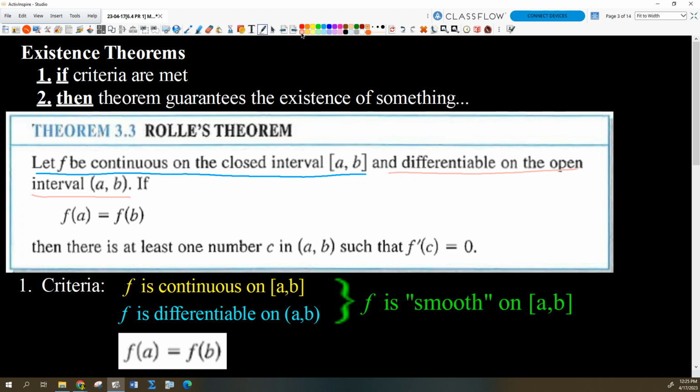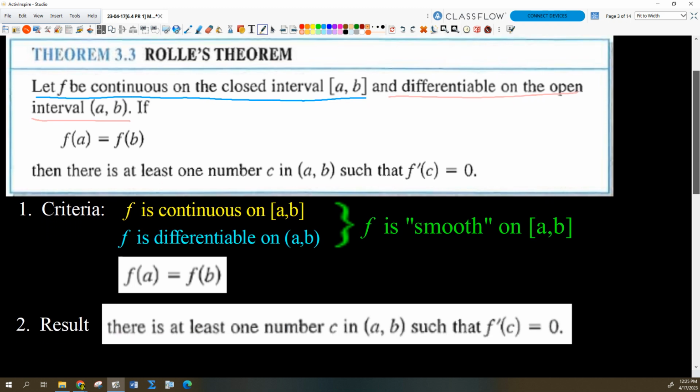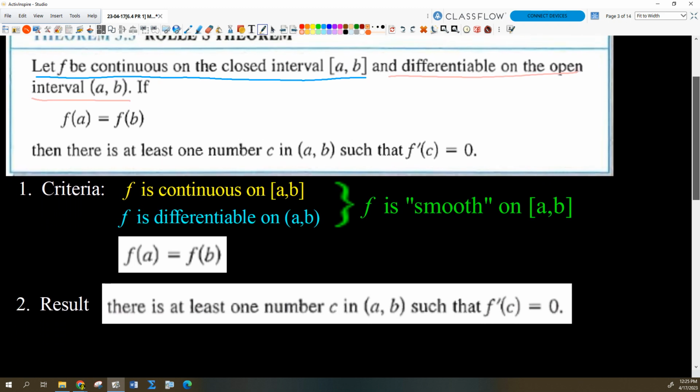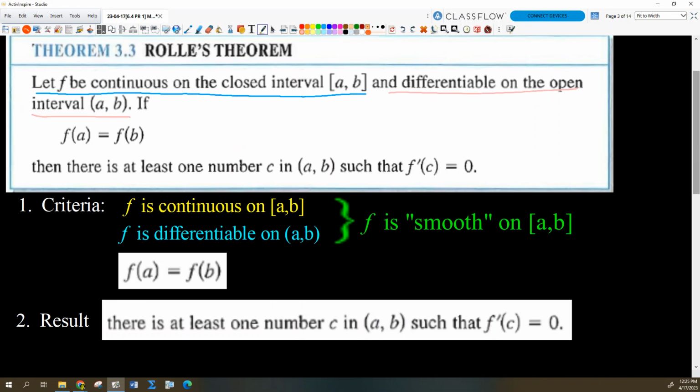A lot of times this doesn't typically show up in high school books, but when I was in college, this was how all the professors would have talked about this. They would have called the combination of those two criteria smoothness, right?